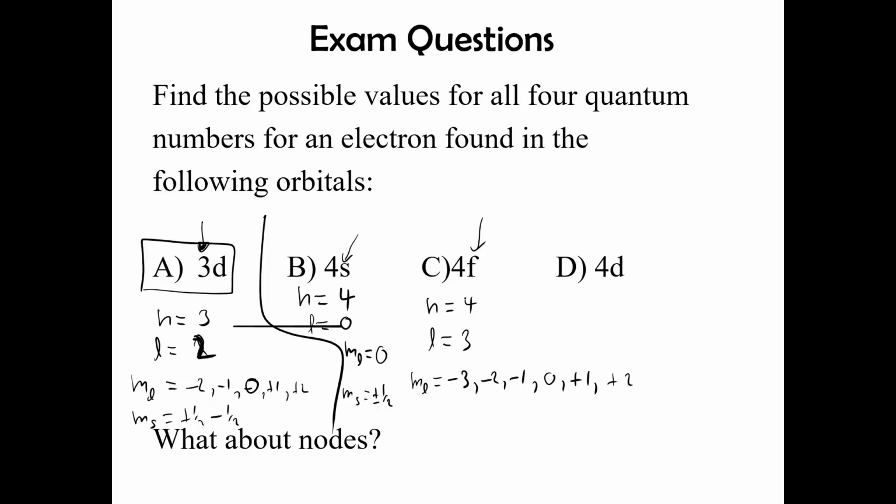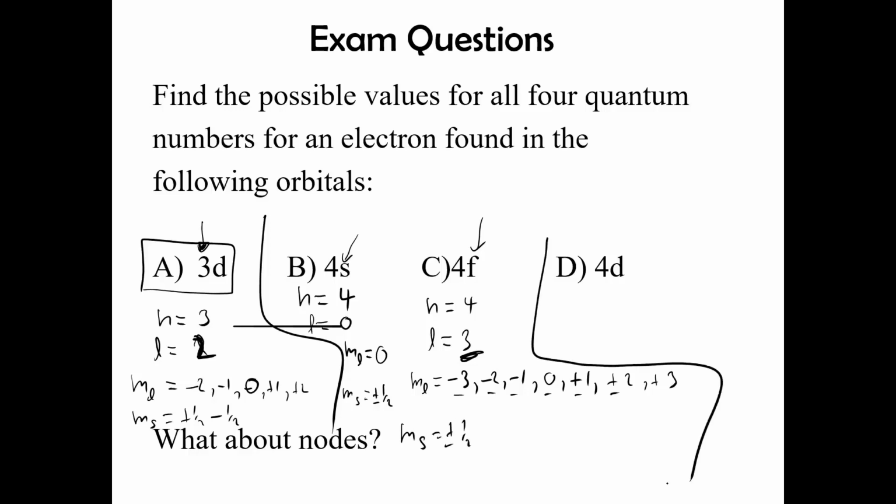See, an f orbital has 7 different orientations: 1, 2, 3, 4, 5, 6. What did I forget? Oh, plus 3. It's a good thing I checked that. It goes from minus l to plus l, so from minus 3 to plus 3, which makes it 7. And then m sub s equals plus or minus 1/2.